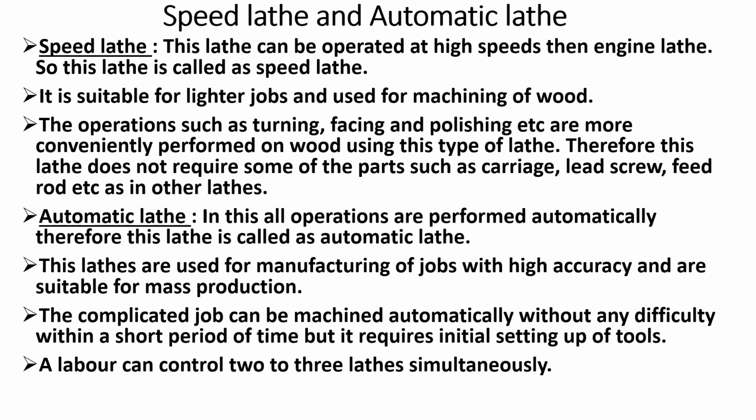Complicated jobs can be machined automatically, without any difficulty, within a short period. Difficult works are also completed in a short time, but it requires initial setting. The operator can control two or three lathes simultaneously.